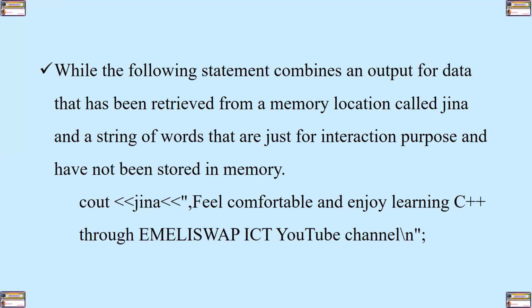For example, if the content of Gina was meme, so if the value meme had been entered in the memory location called Gina, then the compiler will pick the content of memory location called Gina, for example, meme, and then it will display the message, meme, comma, feel comfortable and enjoy learning C++ through Emily Swap ICT YouTube channel. So that message will be displayed on the console, on the screen, that they cout.